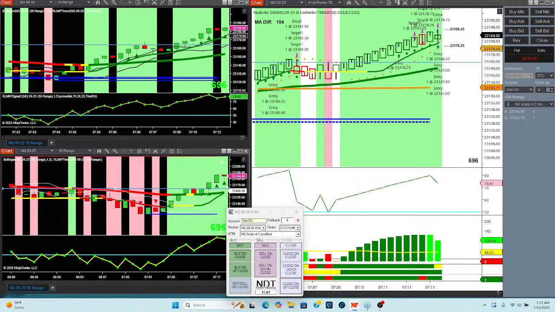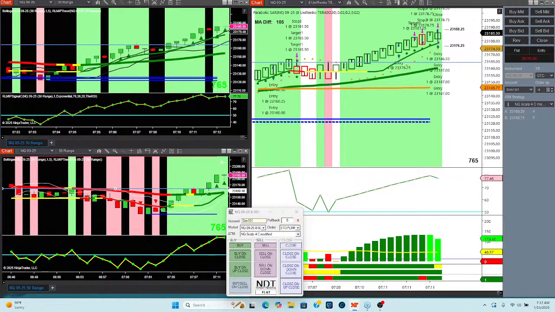The nice thing is, I have a 20 unit Renko going right now.